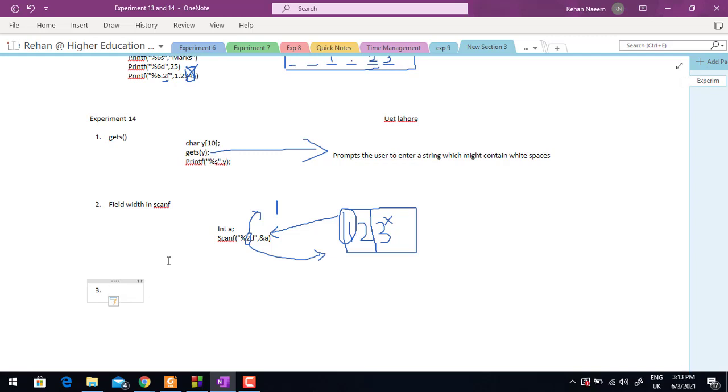Okay, the last concept is the use of %*c in scanf.